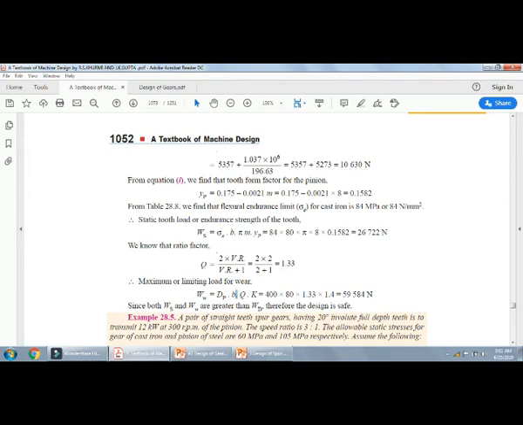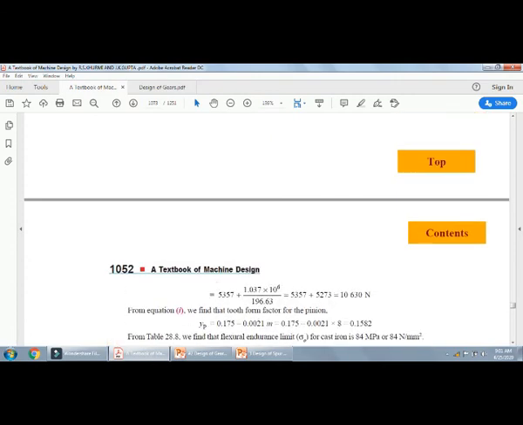Then we will check this value. So this is 59,584 Newton. Since both the values Ws as well as Ww for wear should be greater than Wd.